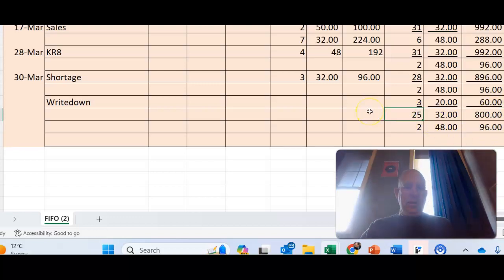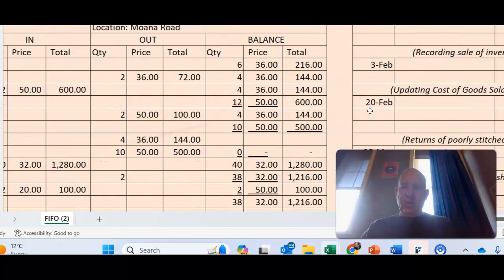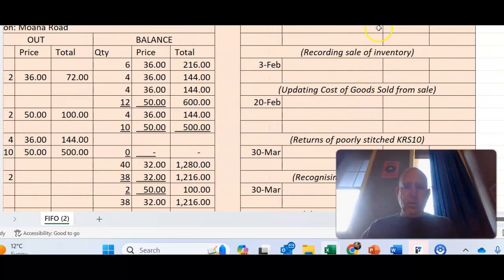Alright, so that's the entries. Now you've got to go over and do these. So recording the sale, the first one, it's got to do a debit and a credit. So a nice easy one is just a debit to bank.